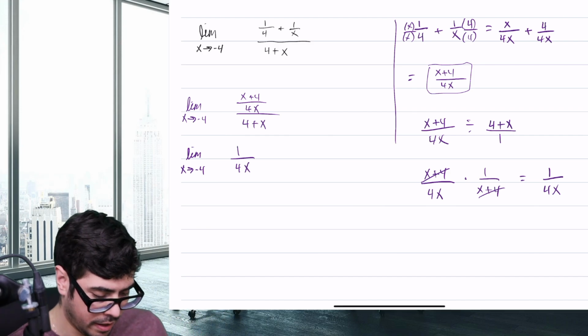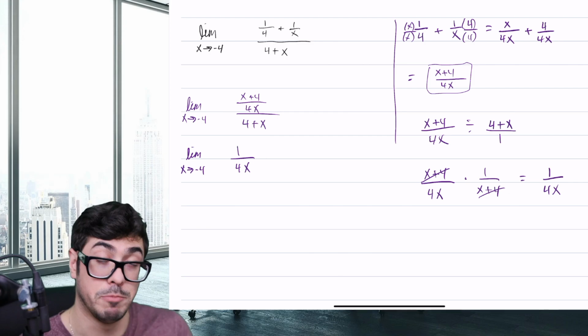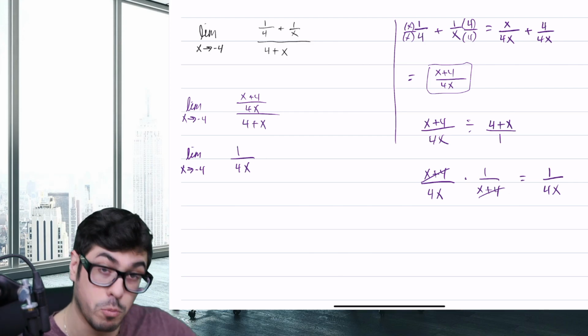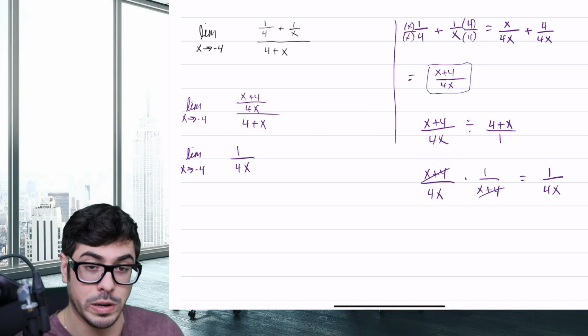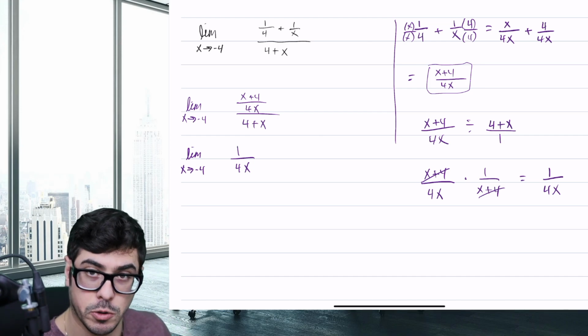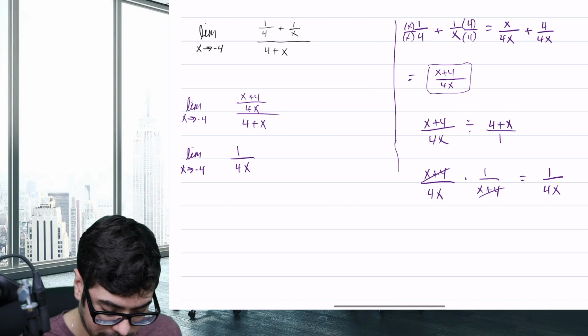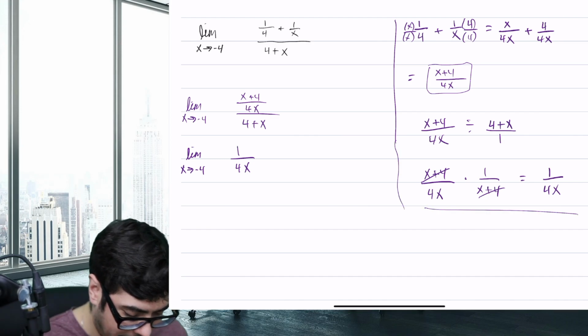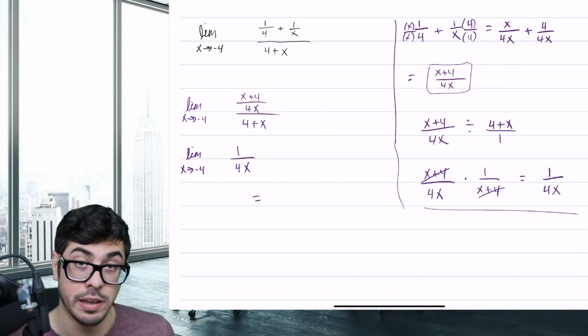Now I can evaluate the limit, because before we couldn't stick in -4 because of the denominator. Through simplification and the cancellation we did over here, we got rid of that factor that was screwing us up, and now we can pass through the limit. All I have to do is plug in -4.